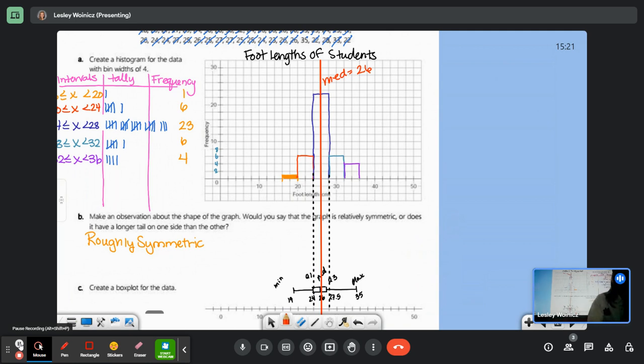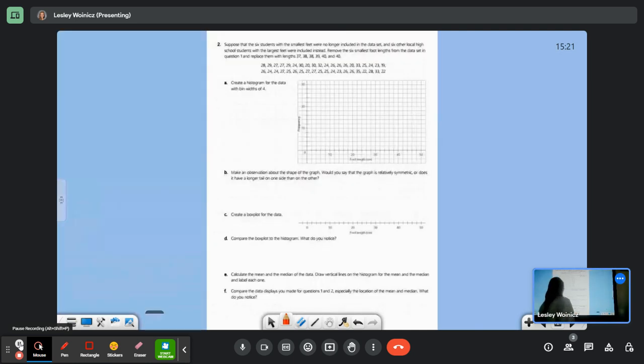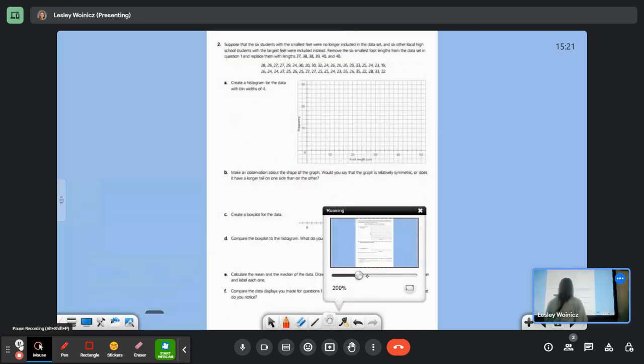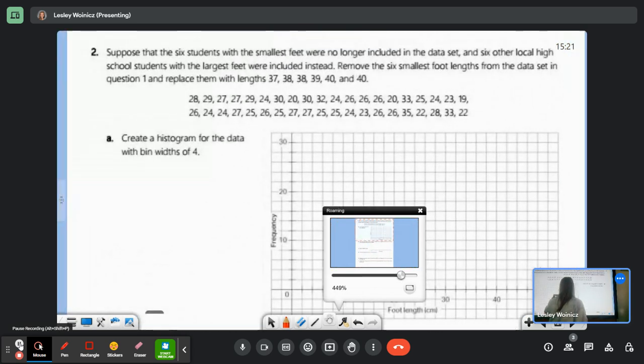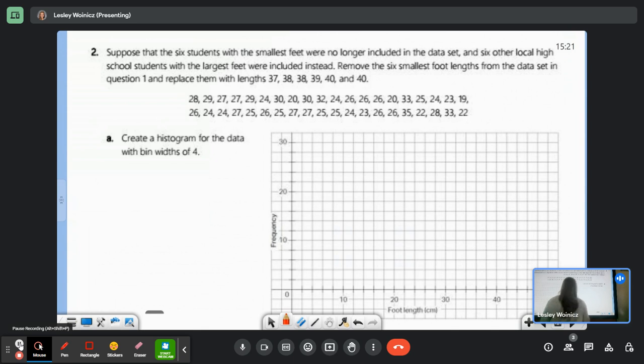All right, flip it. Okay, suppose that the 6 students with the smallest feet were no longer included in the data set.